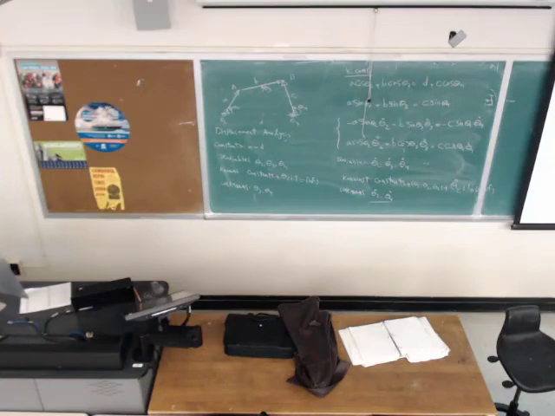Theta dot 2 is positive 10 because it doesn't specify the direction, so I use positive 10 sine of 57. And here, positive 3 times 10 cosine of 57.